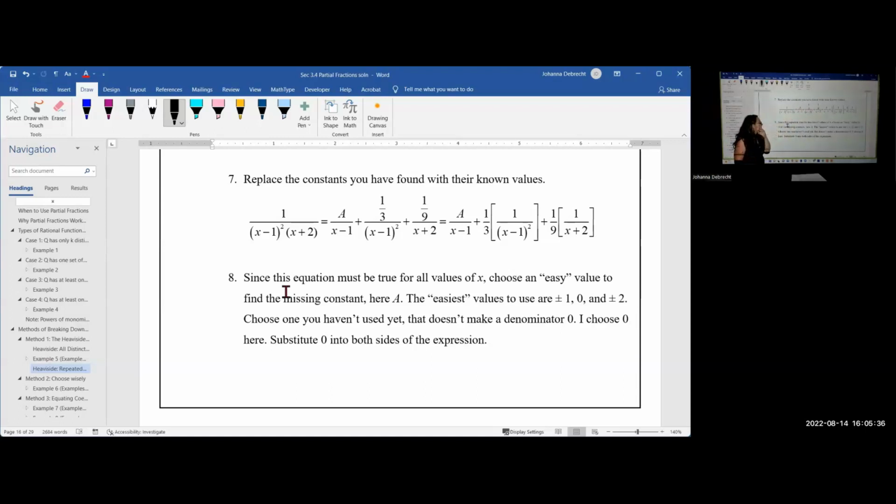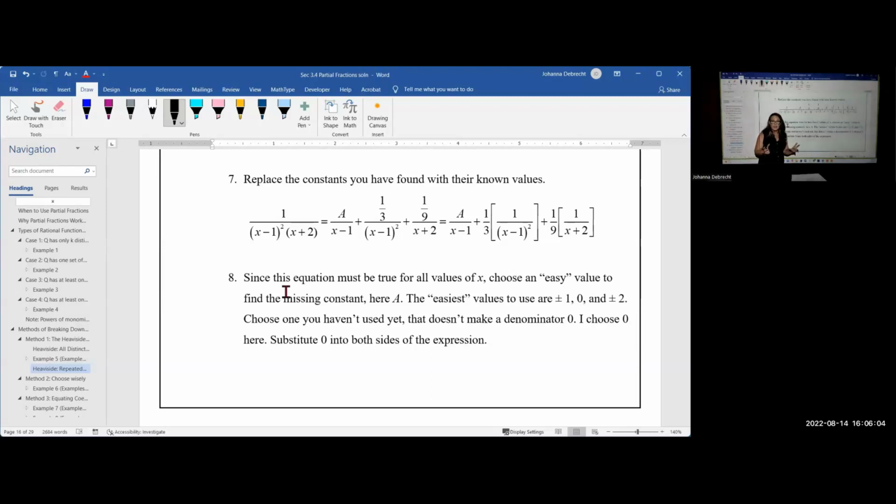Okay, so since this has to be true for all values of x, and since I'm only looking for one value, I found everything else. I found b and I found c. I only have one missing value. I should be able to substitute in any value that doesn't make a denominator 0 and get the value of a. So I look for an easy value to plug in.